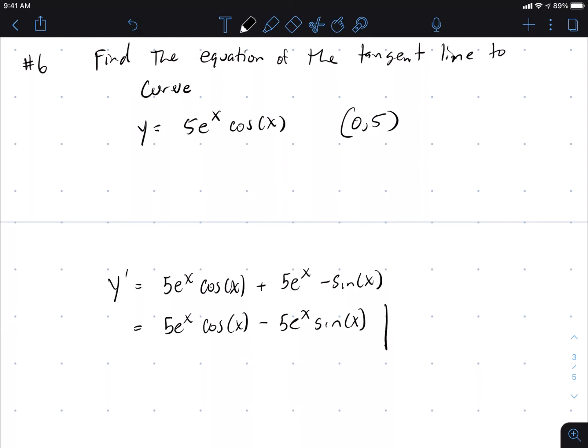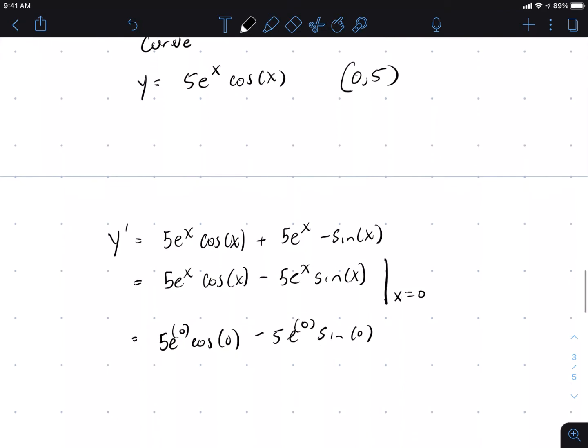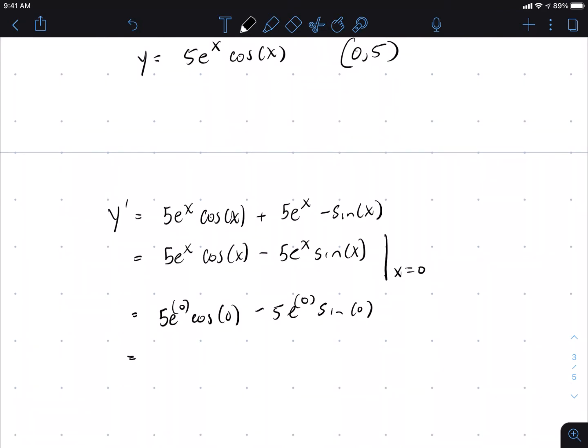At 0. Correct. So x is going to be equal to 0. So I'm going to get 5e to the 0 cosine of 0 minus 5e to the 0 sine of 0. But sine of 0 is what? 0. Yeah. So I'm going to get 5 times 1 times 1 minus 5 times 1 times 0, which is going to give me 5.